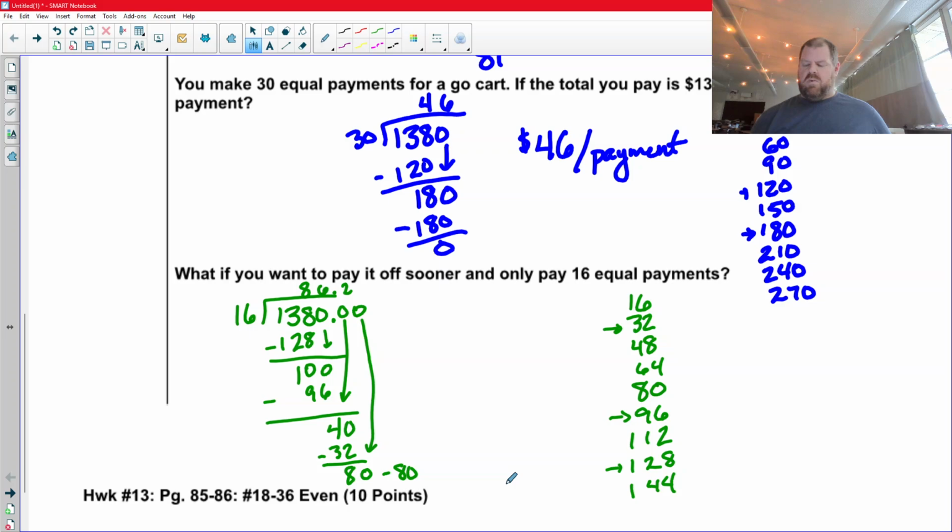I'm going to do this a little weird just because I'm running out of room right there. 80 is the 5th number on the list, and that gives me no remainder. So it looks like if I want to pay 16 equal payments, I'll be paying $86.25 per payment.